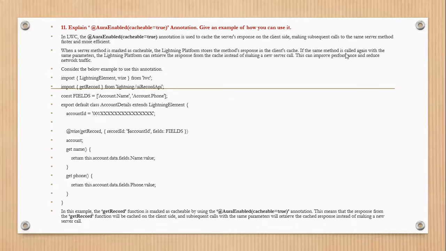If the method is called again with the same parameters, the Lightning platform can retrieve the response from the cache instead of making a new server call. This can improve performance and reduce network traffic.